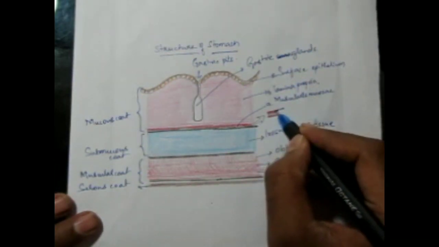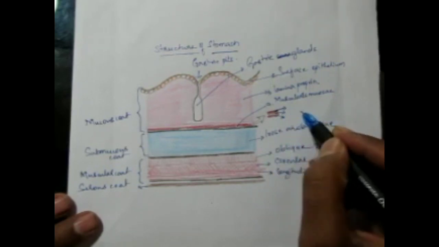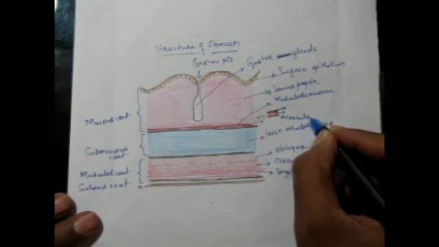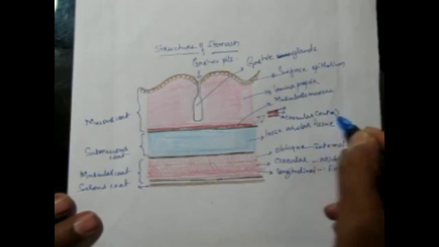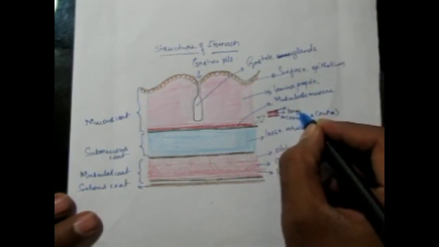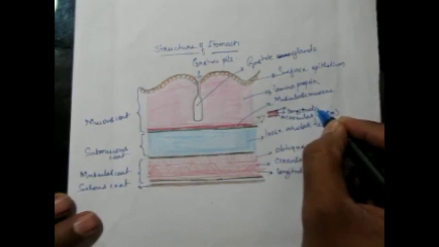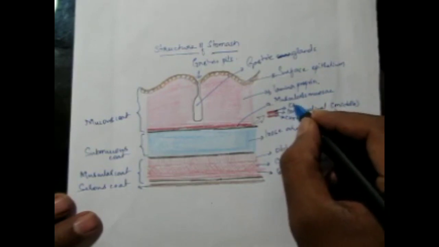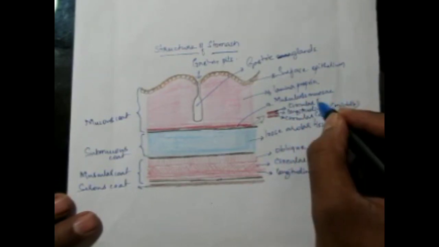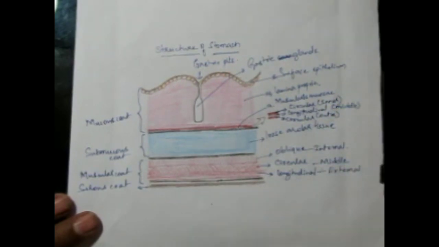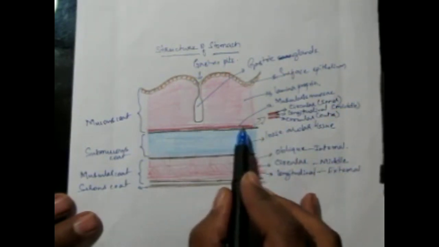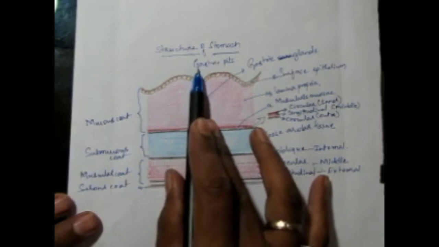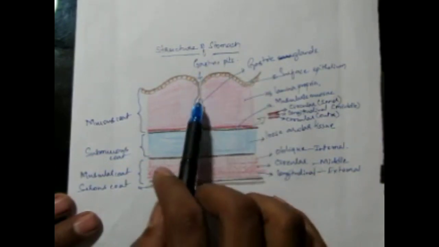Muscularis mucosae consists of 3 layers: outer circular or external, middle longitudinal, and inner circular. Contraction of the muscularis mucosae will squeeze the gastric glands to secrete their contents inside the stomach.